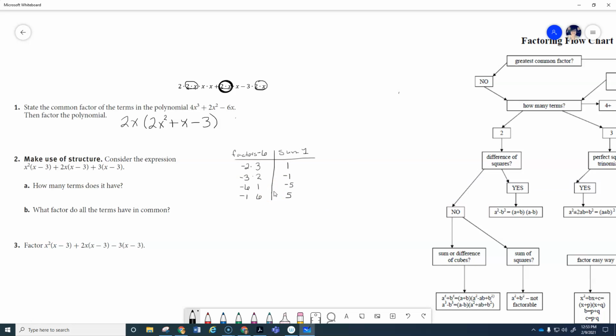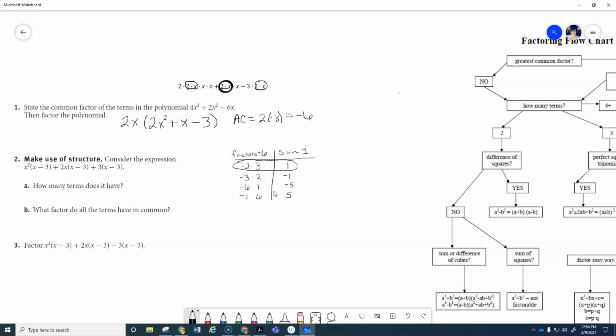So AC is 2 times negative 3, so AC is negative 6. So we're using a factor sum table of factors of negative 6 and a sum of 1. So we see that these 2 right here are the factors that multiply together to give me negative 6 but add together to be 1.